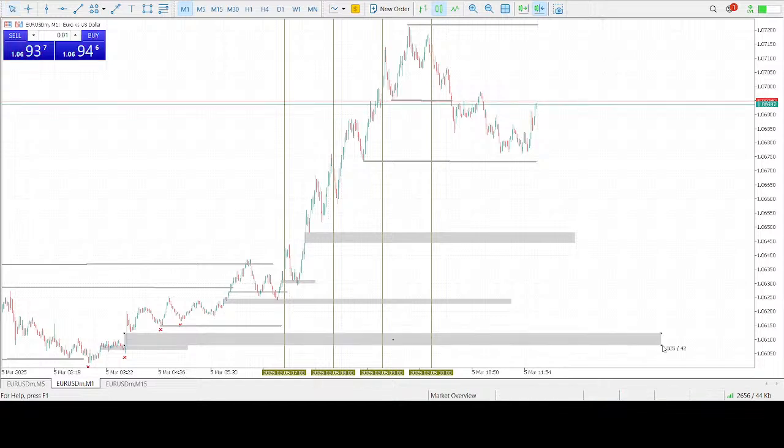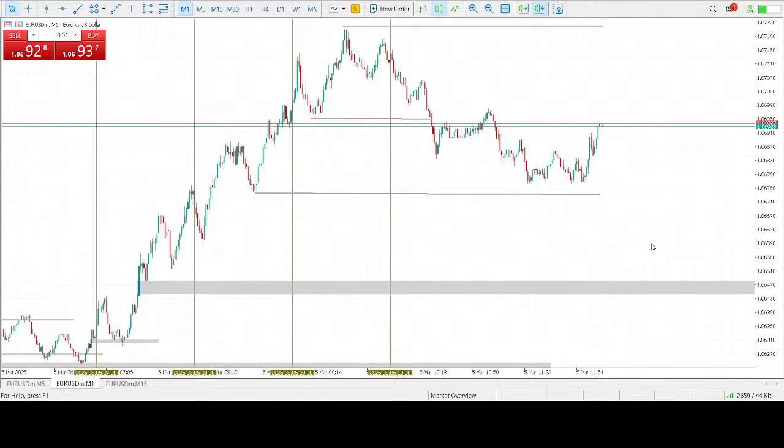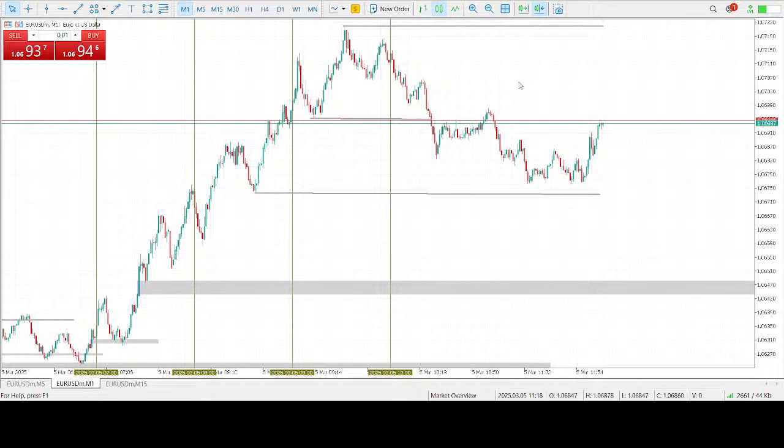This one can be attacked a bit later on, but the one I would be most interested in would be this. So I want to look at the manipulation that will happen here to have price go down.